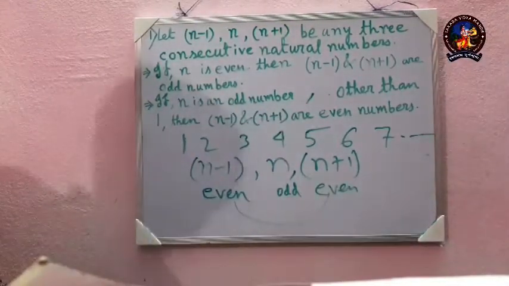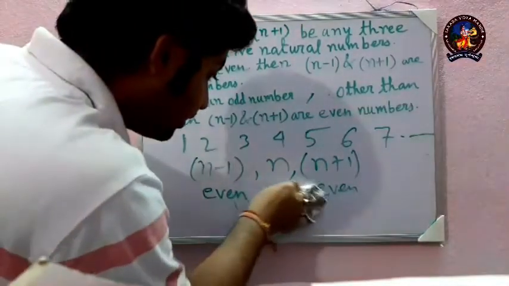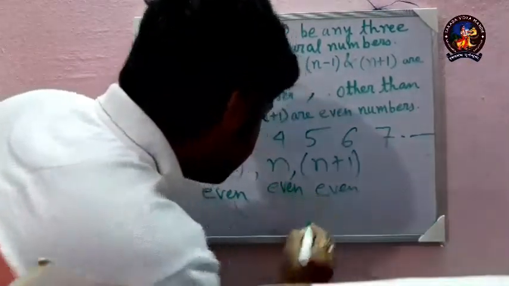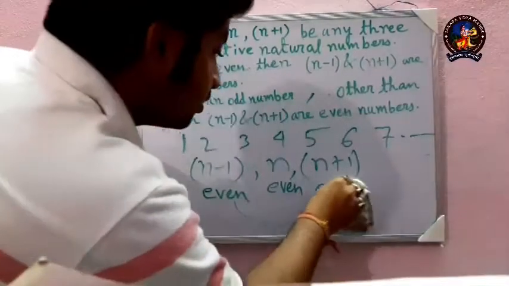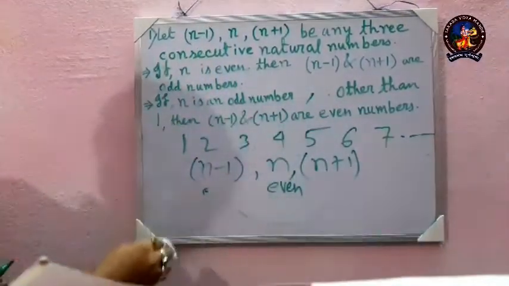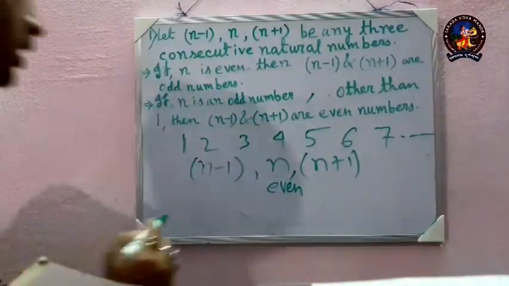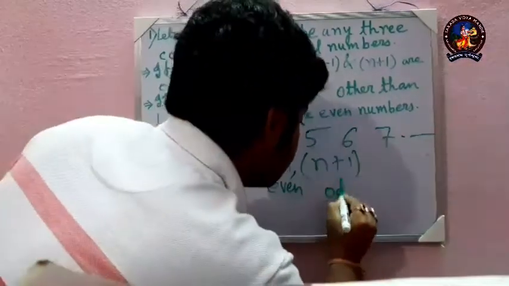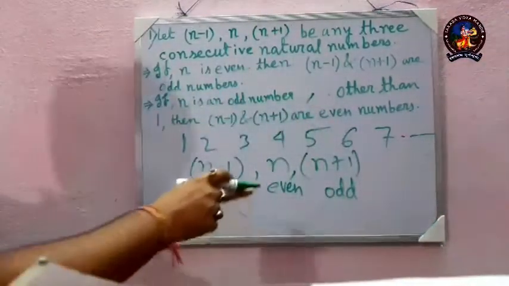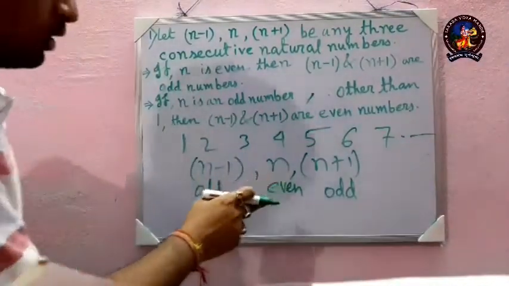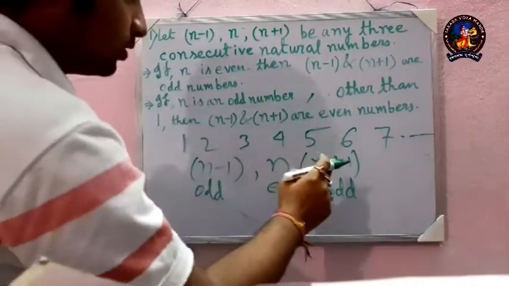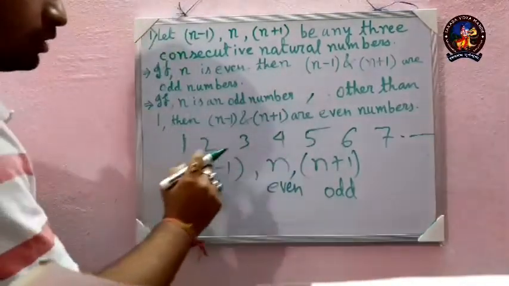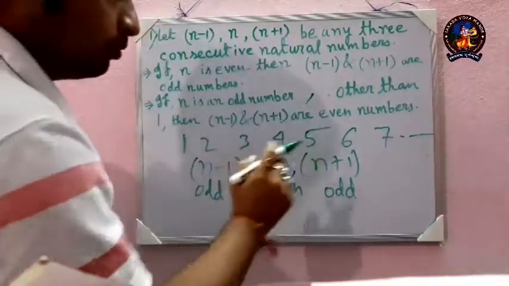Similarly, if I take n as even, then n minus 1 and n plus 1 become odd numbers, right? So when n is an even number, n minus 1 and n plus 1 are consecutive odd numbers.